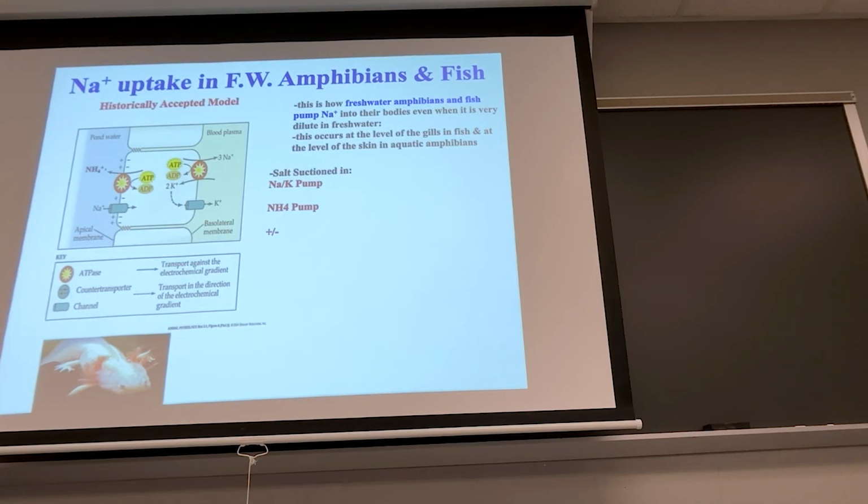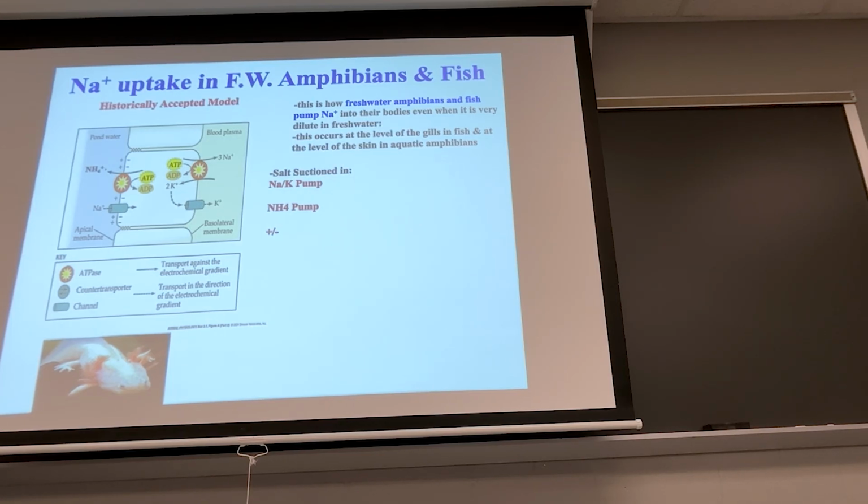And this is the classical mechanism, right? So this is the mechanism I learned a long time ago. And the biggest problem with this mechanism was we had no idea how chloride moved. So we didn't know if it moved paracellularly or transcellularly. And so you see there's no chloride on here.